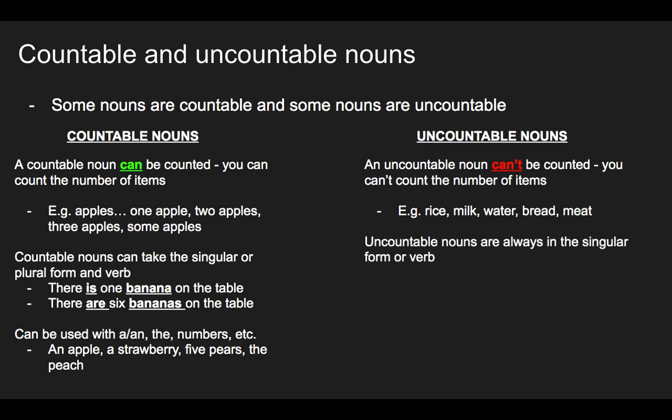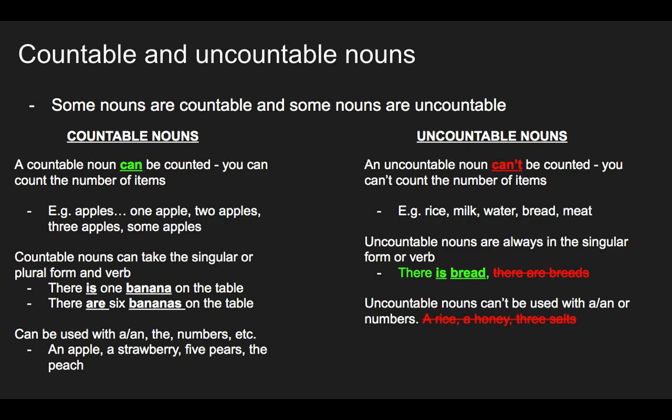So they're always in the singular form of the verb. You always say, there is bread on the table, not there are breads, or there are milks, or there are rices. No, we just have rice, milk, bread, meat, yeah. So always in the singular form, and the singular verb is always there is.